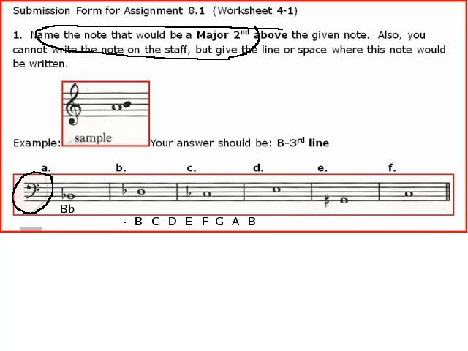I just have to do that the way this thing erases. Okay, so B is going to be your beginning note. We're looking for the basic interval right now. B is the beginning note.